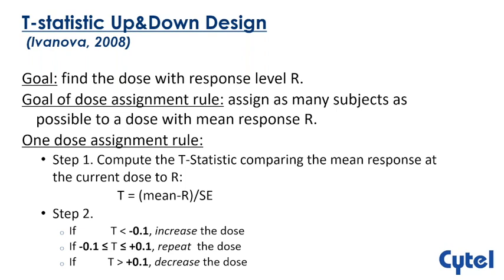So instead of assigning all the subjects to one target, it splits them in half and assigns half of them to a target that might be minimum clinically important difference, and then the second target might be twice the minimum clinically important difference. And then you get the randomization clustered around 2 places in the dose response curve. And Compass accommodates that. That's a kind of an extension of this design.